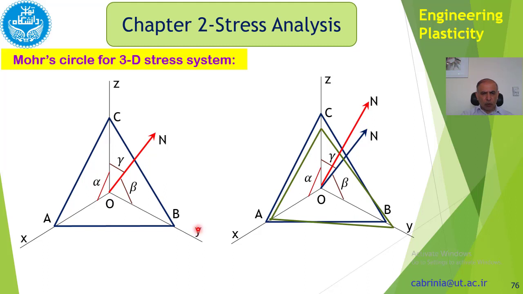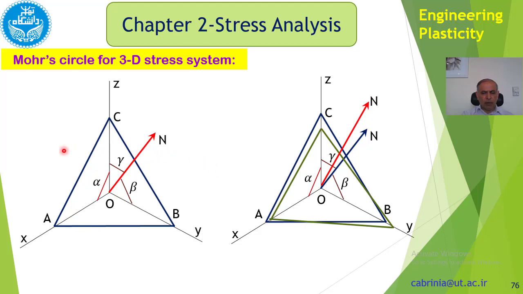As you know, in the Mohr circle, we have twice the angles. For instance, if the angle here is alpha, in the Mohr circle it is 2 alpha, because in here we have the planes 90 degrees to each other, and in the Mohr circle we have it 180 degrees.